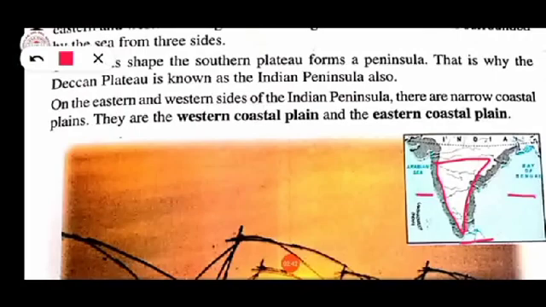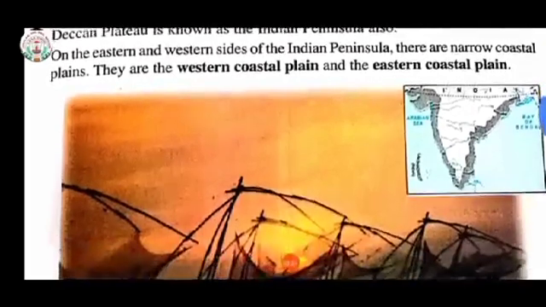The eastern and western sides, this is your west side and the eastern side, come close towards the south, or we can say narrowing towards the south, and it is surrounded by the sea from three sides. In its shape, it is almost like a triangle. That is why the Deccan Plateau is also known as the Indian Peninsula.